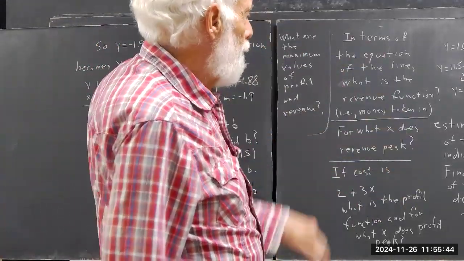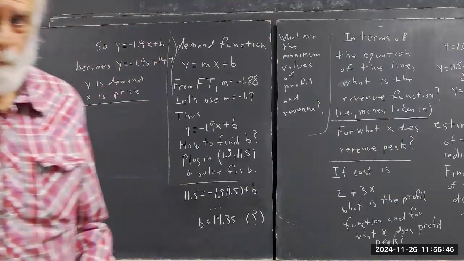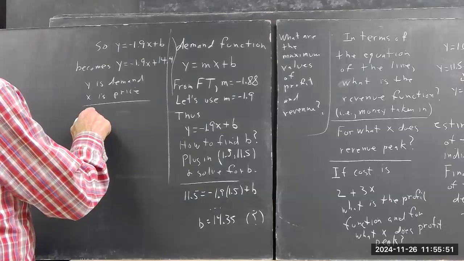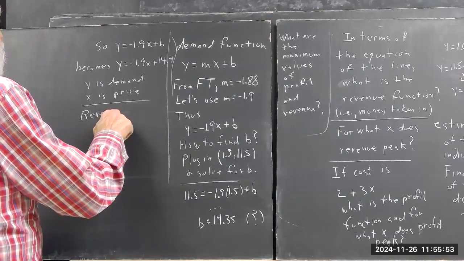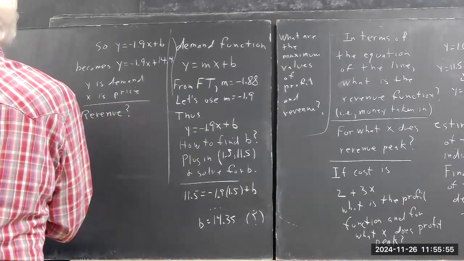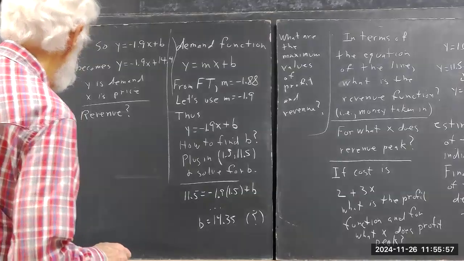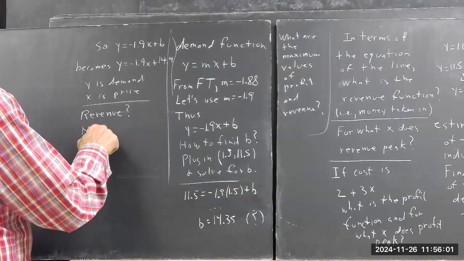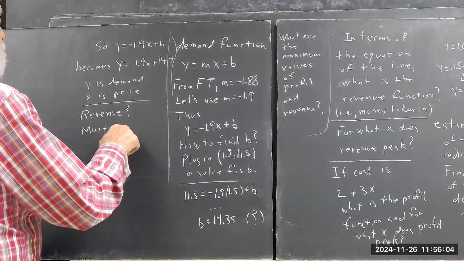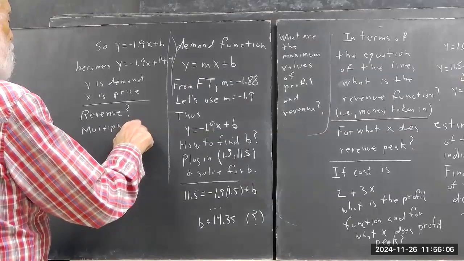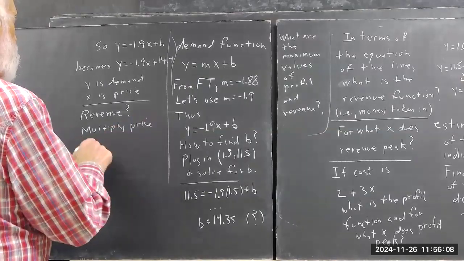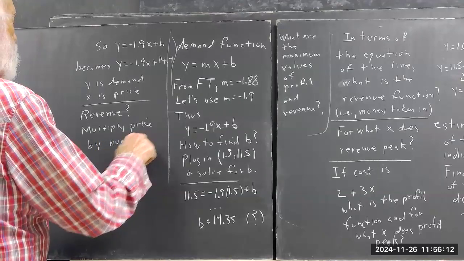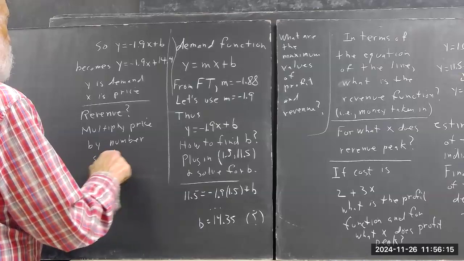Very good. Now, how much money do we take in? We want to find the revenue. You get the revenue by multiplying price by the number sold.